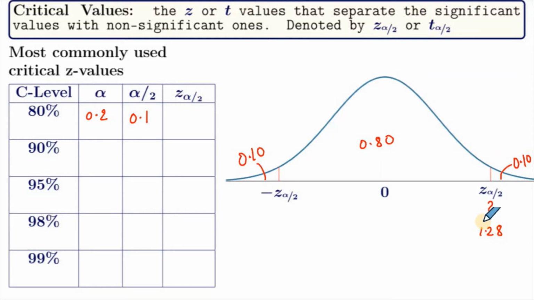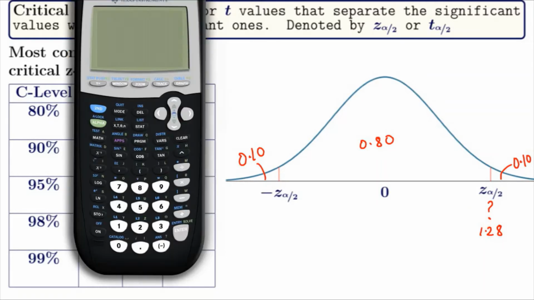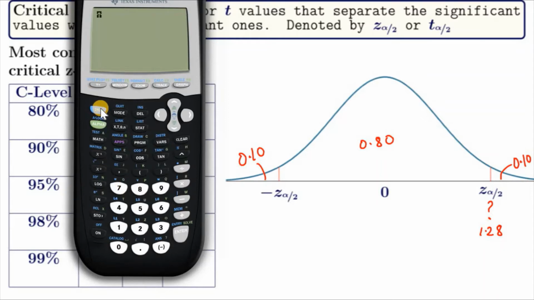Now let's find Z alpha by 2 using calculator. So for that, let me pull up my calculator on the screen. Then go to second distribution. Then we'll be choosing inverse norm. So use this arrow key to get down there and then select that. So here area is area to the left, which in this case is 0.80 plus 0.10, so it is 0.90.